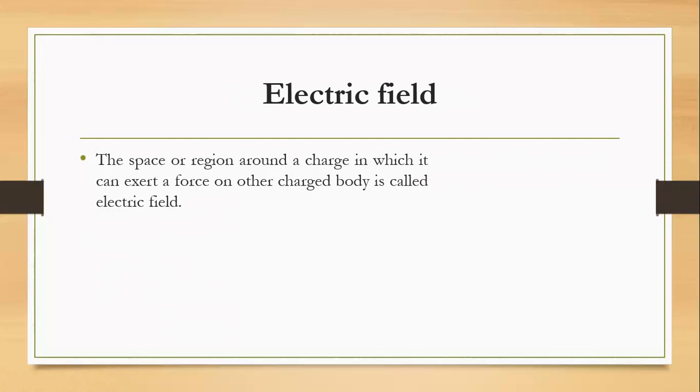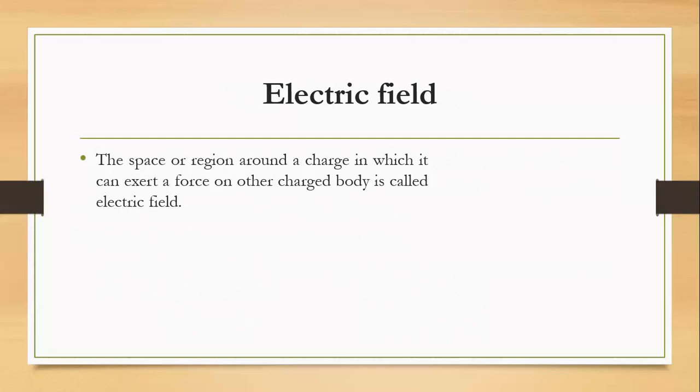It always creates a space around it. That region or space which is formed around the charge is called the electric field. And when we place any object into the electric field of that charge, it always exerts force on that object.